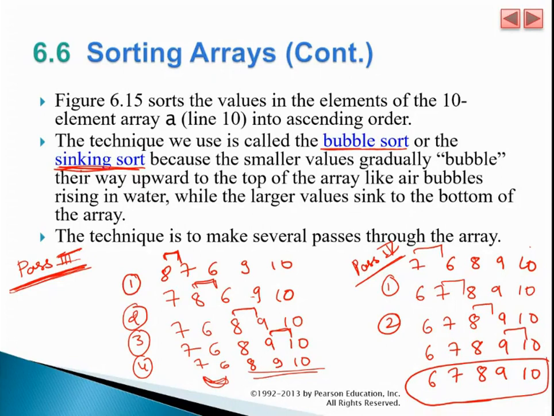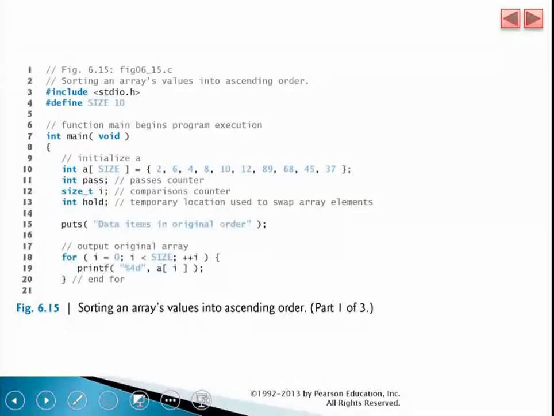Now, can we talk about the code of this? Let's see the C code for this. So this is the C code. In this, we have taken an array of size 10. This is the initialization part. Now, in this, we need two variables for looping, two counter variables.